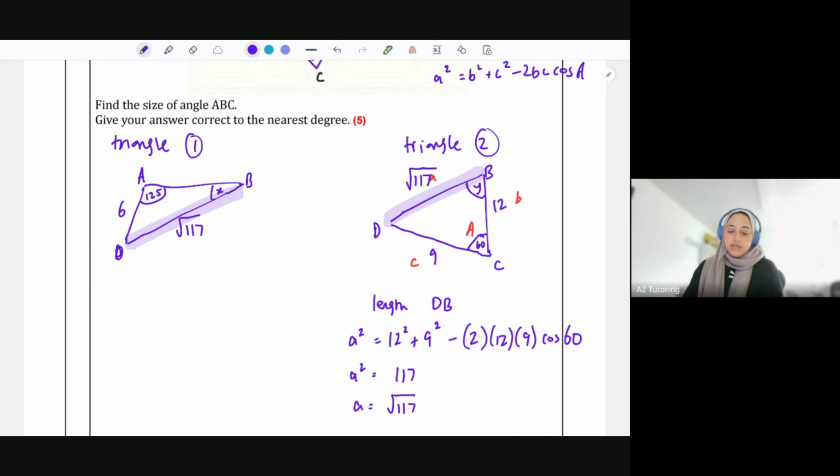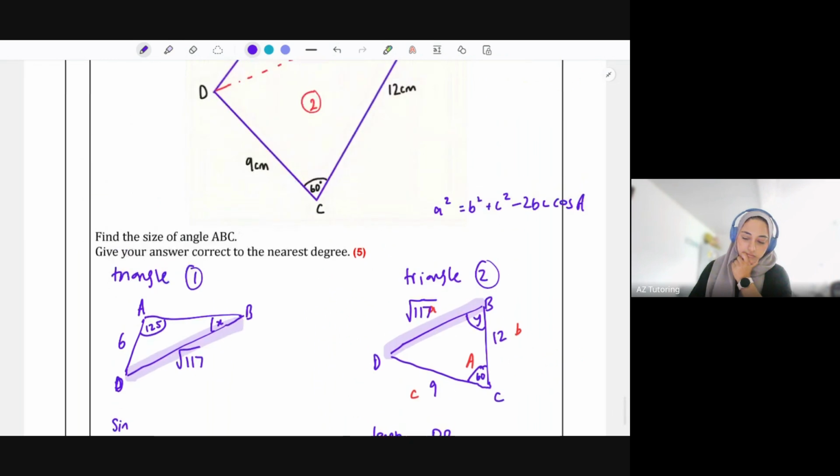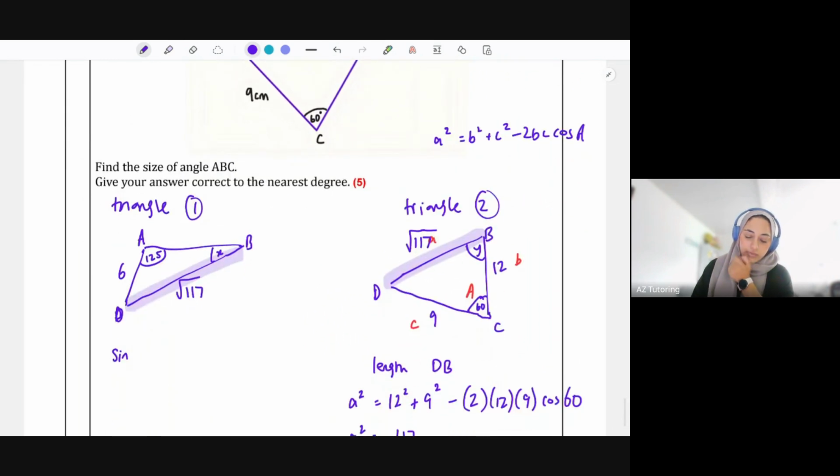So I could use the sine rule to work out x here. So what does the sine rule say? So sine of angle x, which is opposite 6 here.